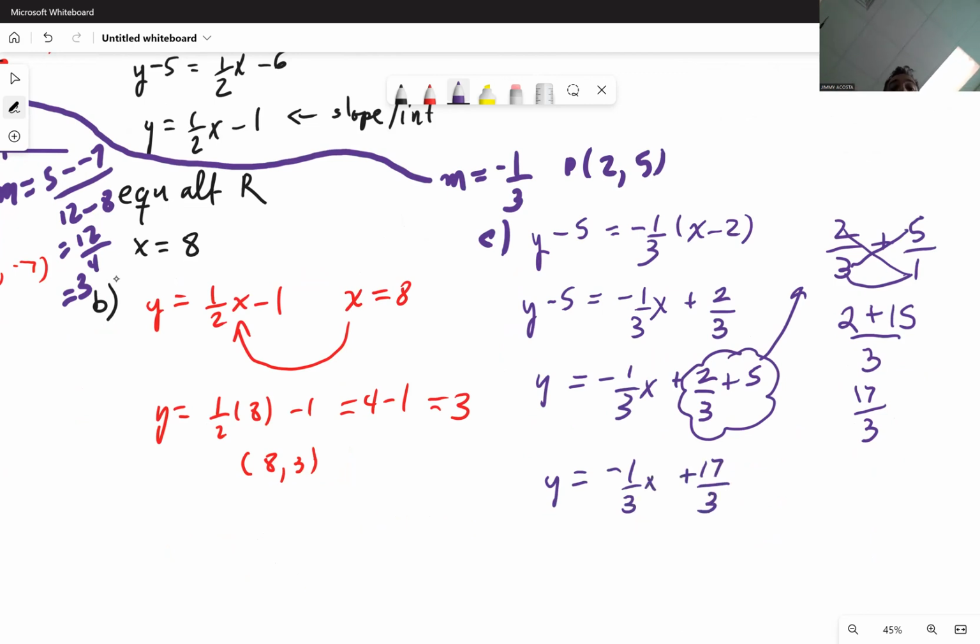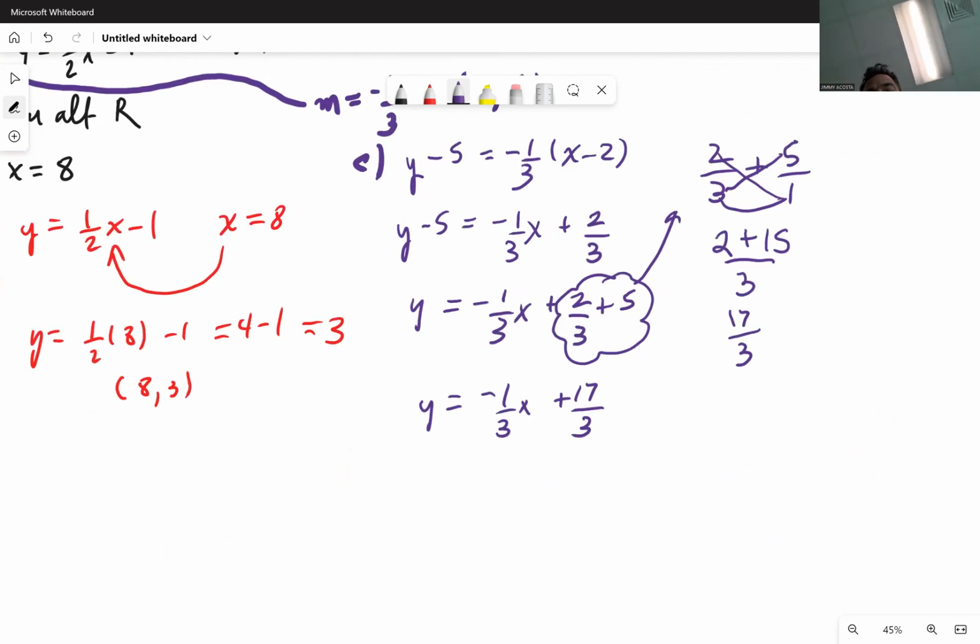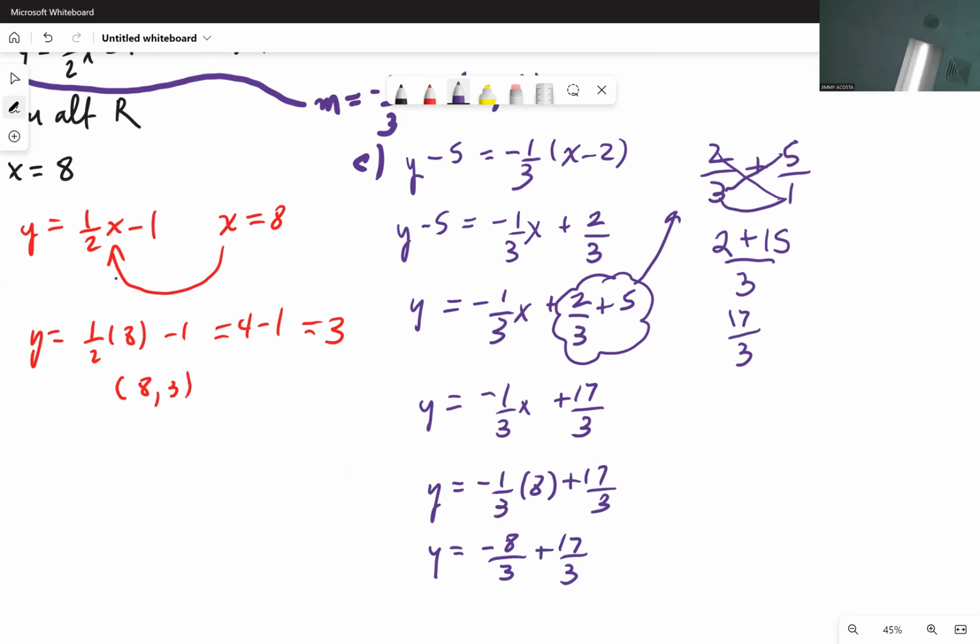Now, if we substitute 8 into x, we have to get 3. Is that what we get? So y equals negative 1/3 times 8 plus 17/3. So y equals negative 8/3 plus 17/3. What's 17 minus 8? 9. What's 9 divided by 3? 3.